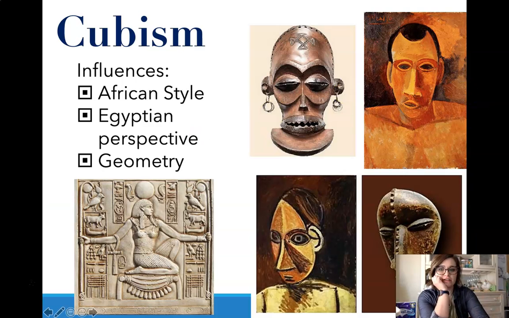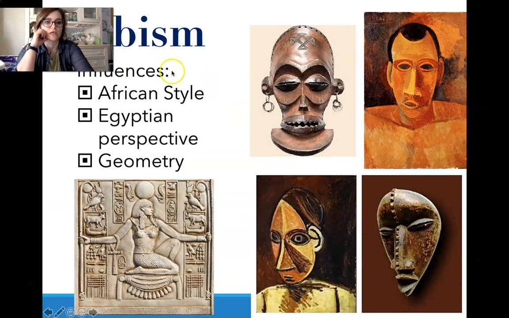Okay. You can see the similarities here between this African style, I think it's bronze sculpture, and this image by Picasso. And then obviously geometry, measurement of angles and shapes.